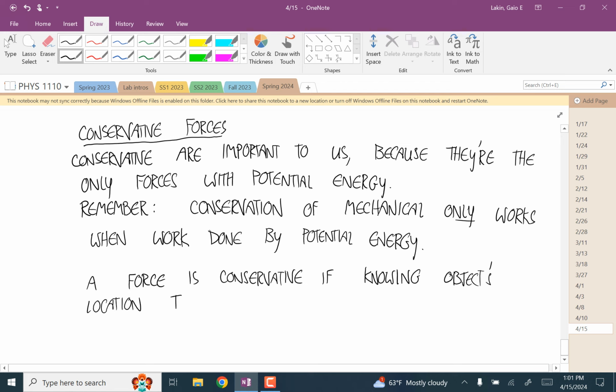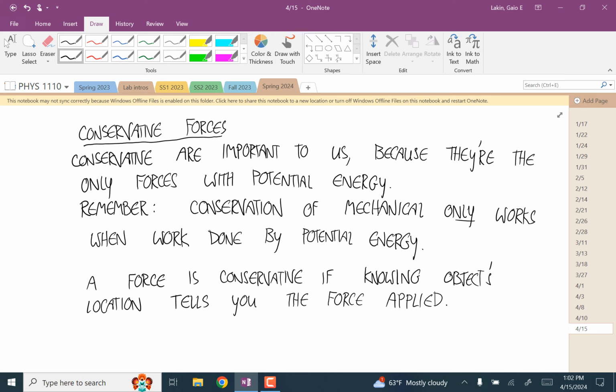You know, if knowing an object's location tells you the force applied. Okay, so let's think of what kind of forces there are this way.